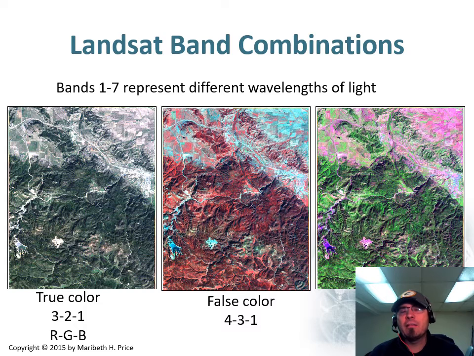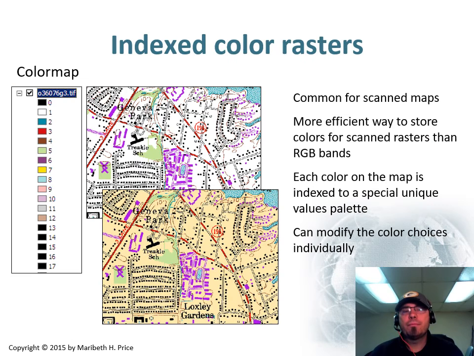You can look at things like urban sprawl, the overall health of agriculture, snow, reflectivity, what they call albedo. All kinds of things can be used with this. There's also index color rasters, which we don't use a whole lot. These are scanned maps essentially, not used too much anymore.